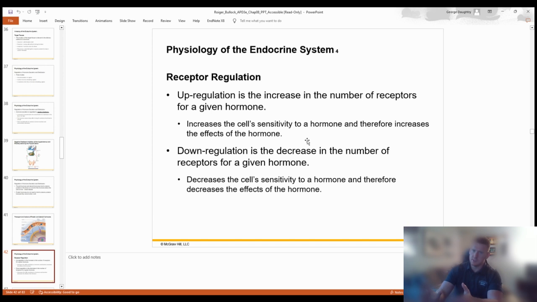The exact opposite can happen in terms of downregulation. We can downregulate receptor density. If there's chronically low amounts of testosterone, then receptors are either not produced, or the density does not go up, or receptors are downregulated.